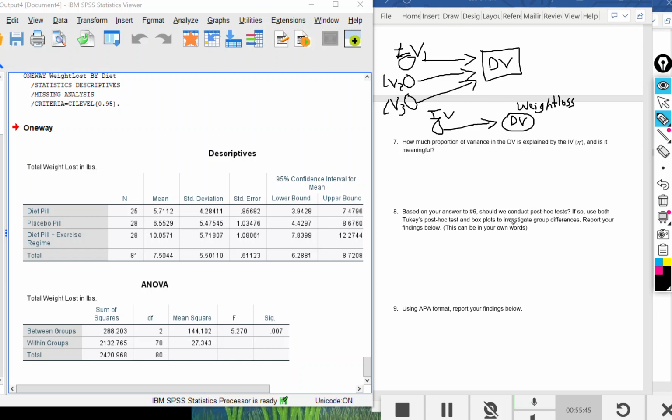And what we saw when we did the multiplication, we got an eta square of 0.11. So that's how much influence this IV has on this DV.